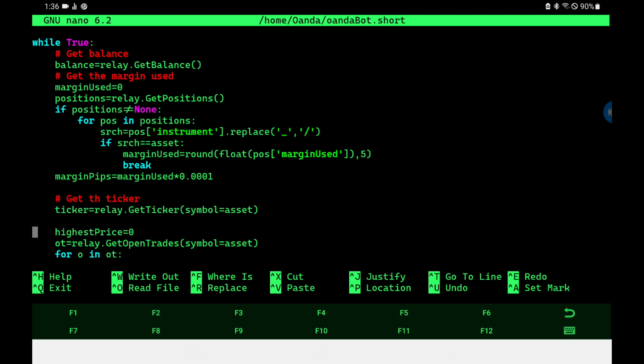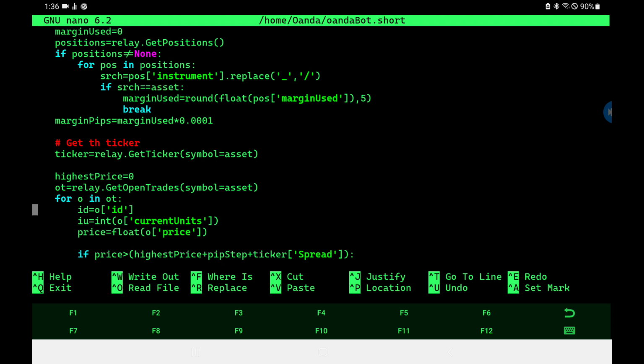So we want the highest price, because the highest price is going to be where we start looking for our next purchase. And in Oanda, a purchase on a short means we're going up in price. Now we pull the number of open trades, because that's going to help us find out what we have right now.